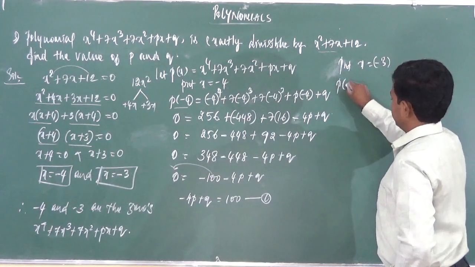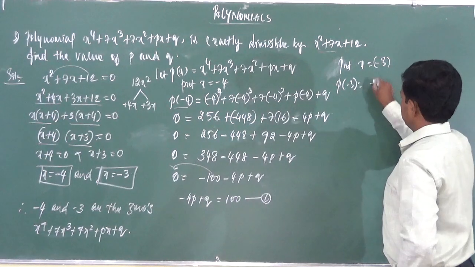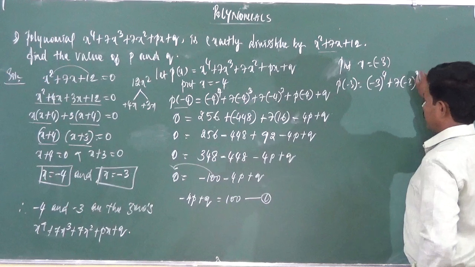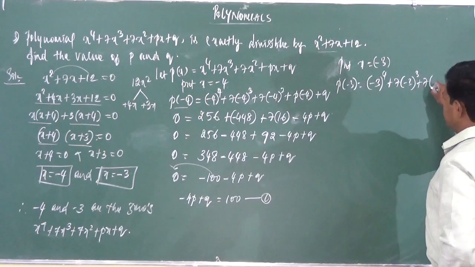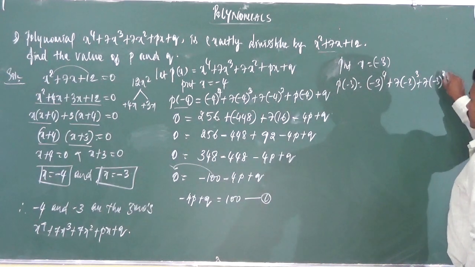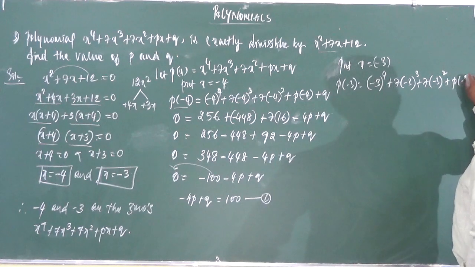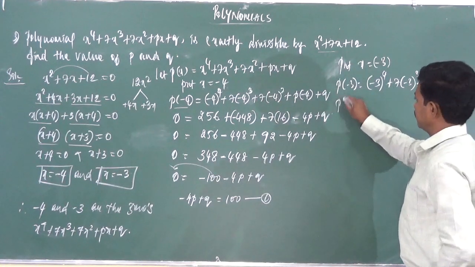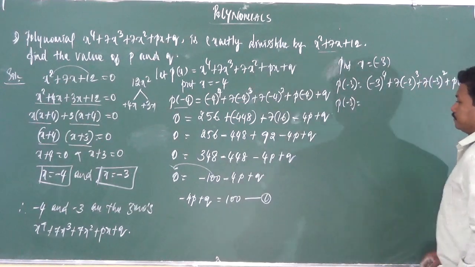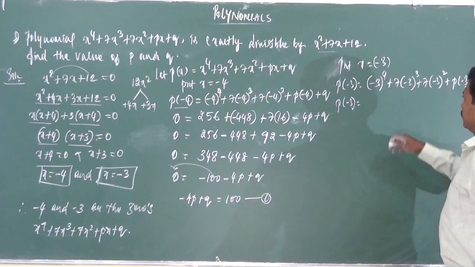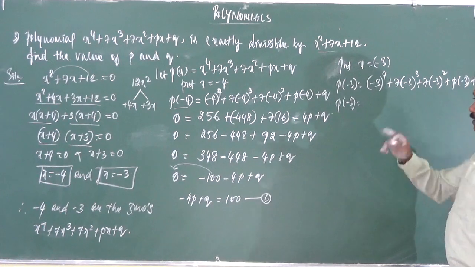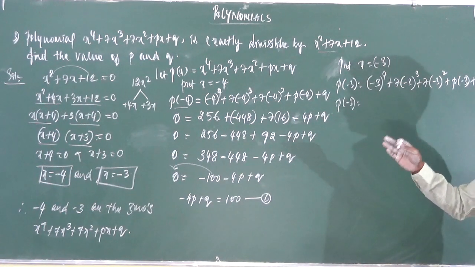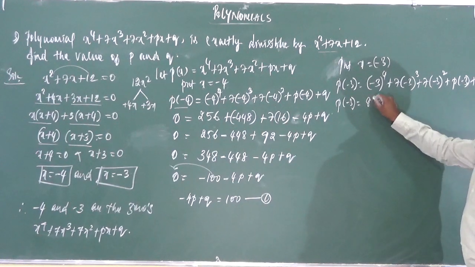So p of minus 3 is equal to (minus 3) to the power 4 plus 7 into (minus 3) whole cube plus 7 into (minus 3) whole square plus p into minus 3 plus q. Minus 3 to the power 4: minus 3 into minus 3 is 9, again 9, 9 9s is 81.